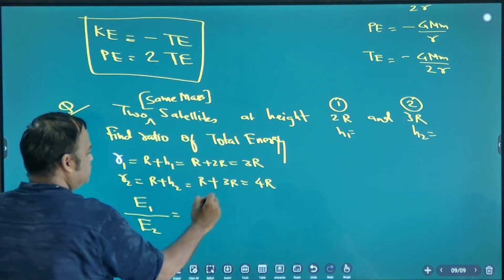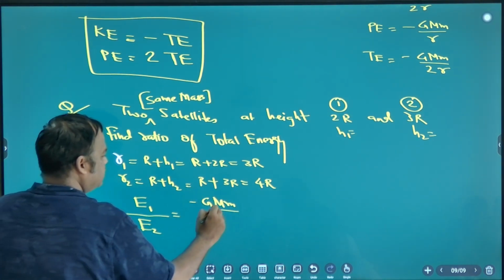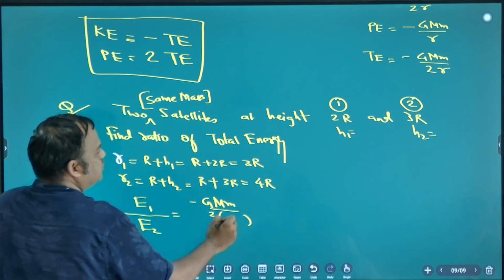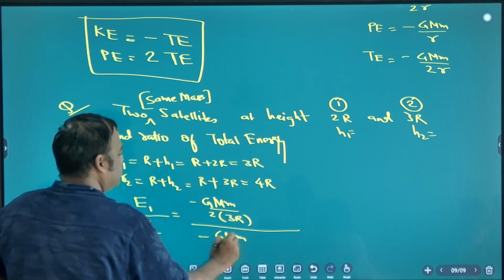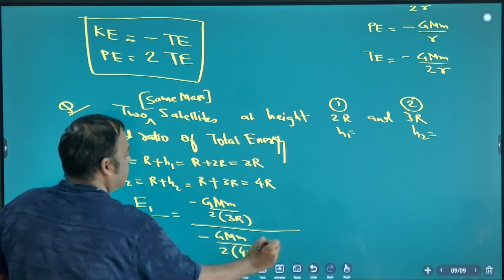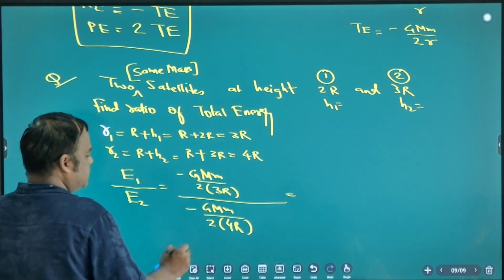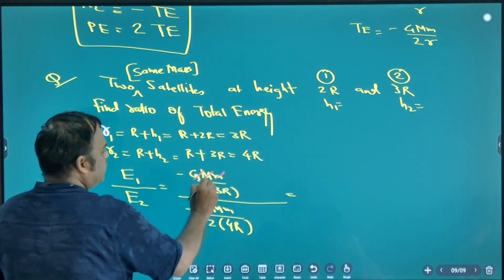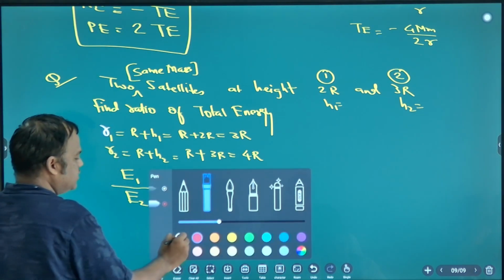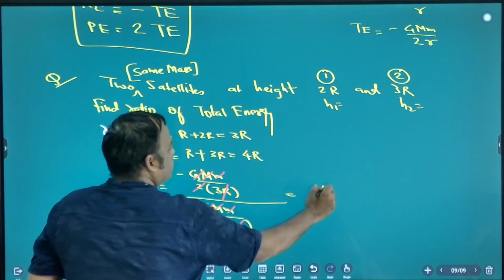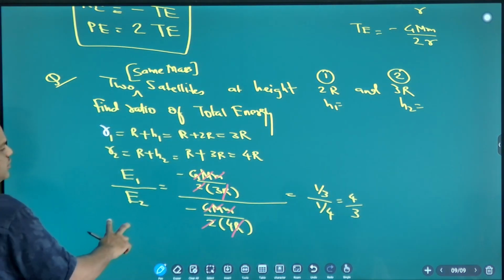So E1 by E2 is minus GMm by 2 into 3r divided by minus GMm by 2 into 4r. GMm by 2 cancels, r cancels. What is the answer? 1 by 3 by 1 by 4, so 4 by 3.